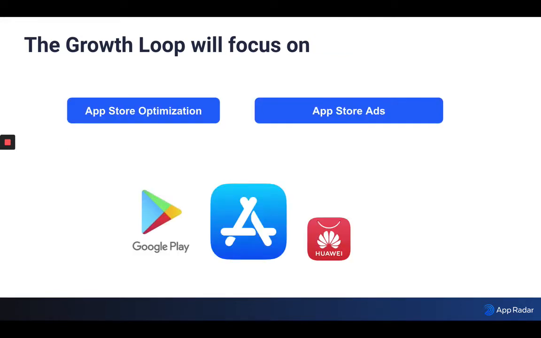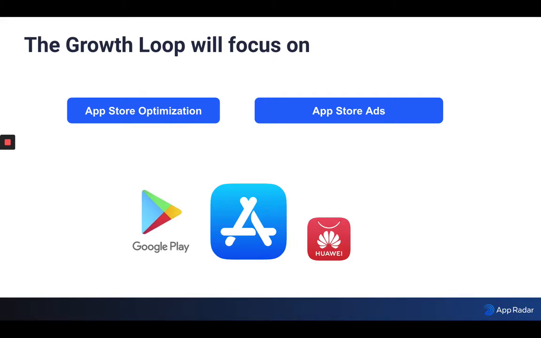Then if we look at App Store optimization and App Store ads in more detail, you'll notice that you have different app stores on different devices. The main players are Google Play and the Apple App Store. But due to the trade war between the US and China, Huawei decided to build their own app store, called AppGallery, which is building quite some traction.